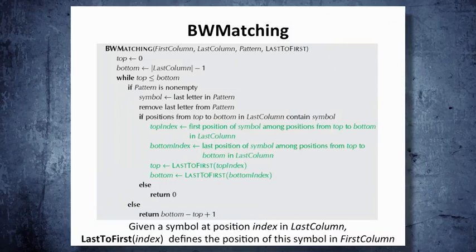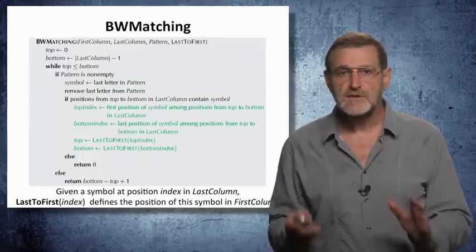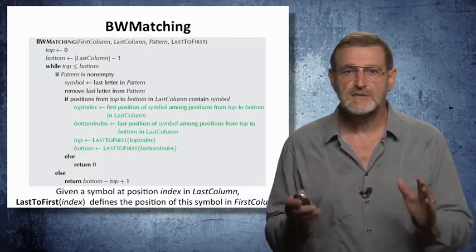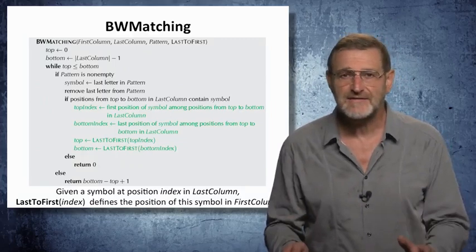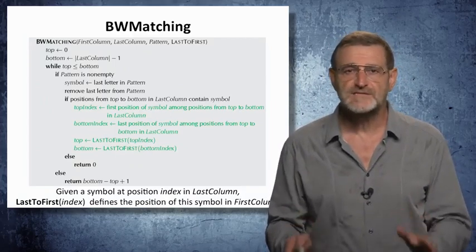So there are 6 rows starting from A, but only 3 of them are ending in N, what we need, because we are now looking for matching the last 2 symbols of ANA, which is NA. So we narrow attention to these 3 symbols.